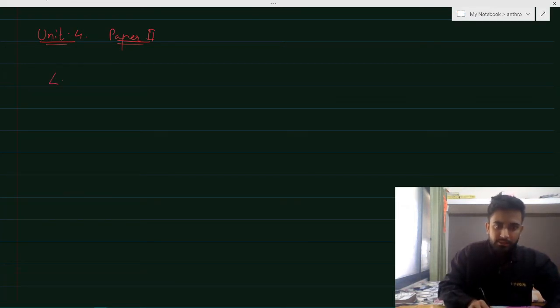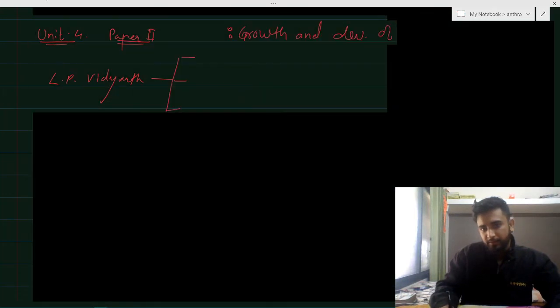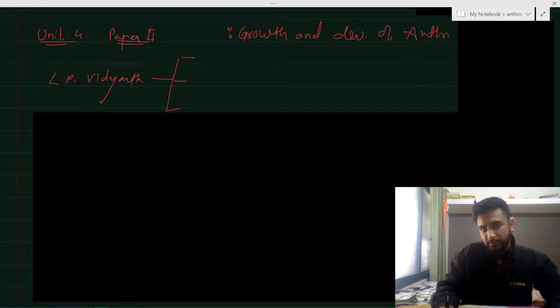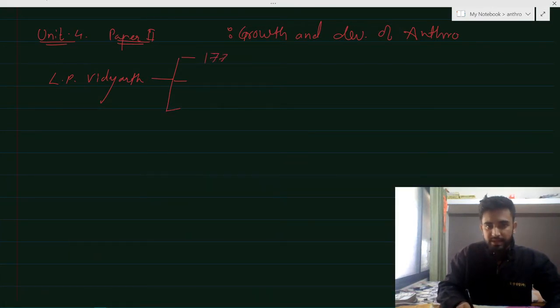We start with L.P. Vidyarthi. And then he divided the growth and development of anthropology. So he basically divided it from 1774 to 1990, then 1920 to 1949, and from 1949 onwards.